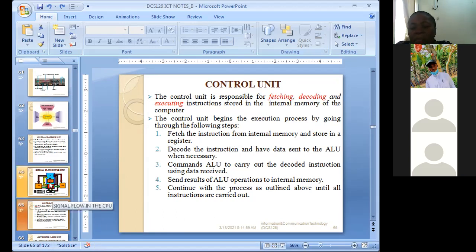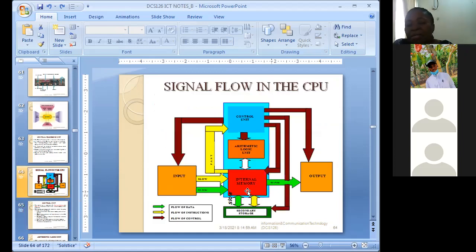So I'm going back here, to these arrows we saw earlier. If there are 10 instructions from the input device with their requisite data in the internal memory, the control unit will continue all of the fetch, decode, execute.